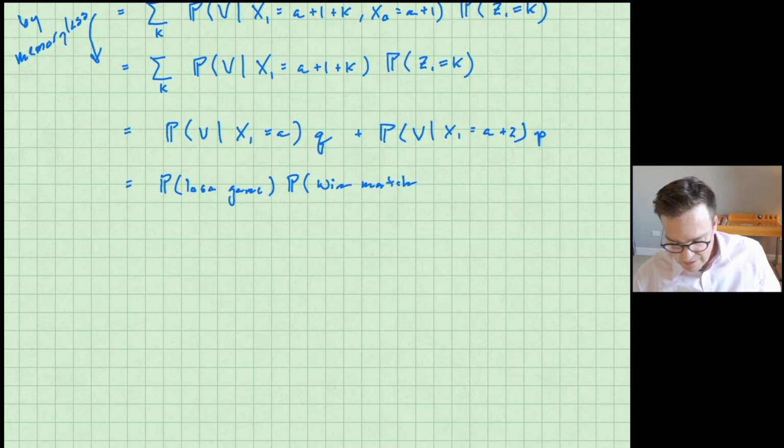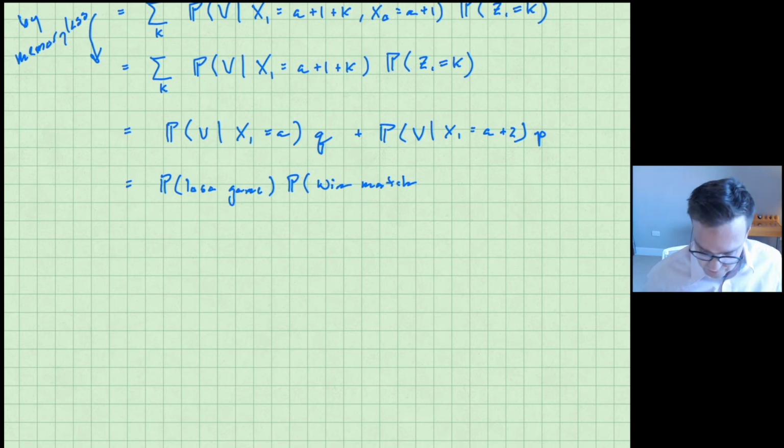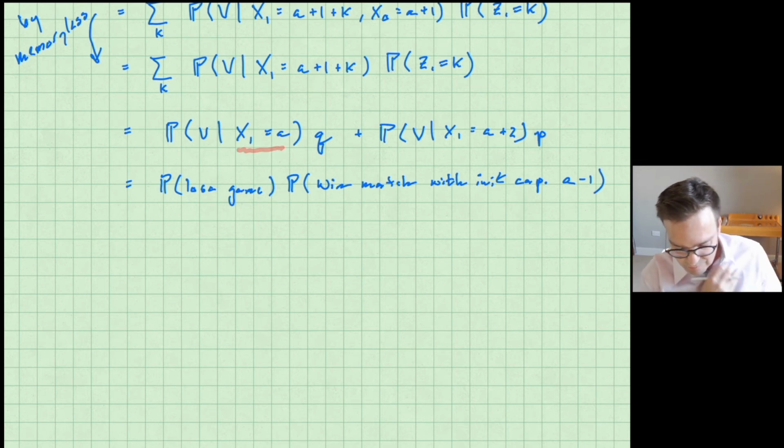It doesn't really matter that you're at step 1 here. But you say the probability of winning the match with initial capital of a minus 1, which is the way I'm reading this. Initially, from this thing's perspective, you've started.